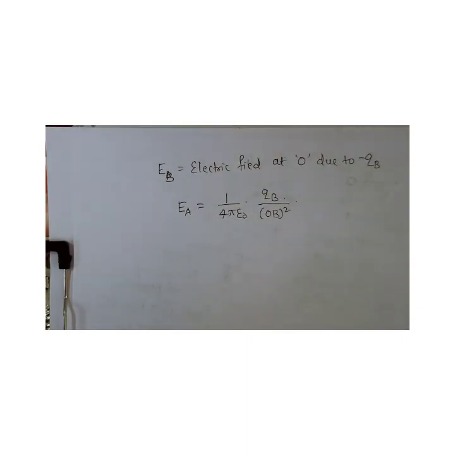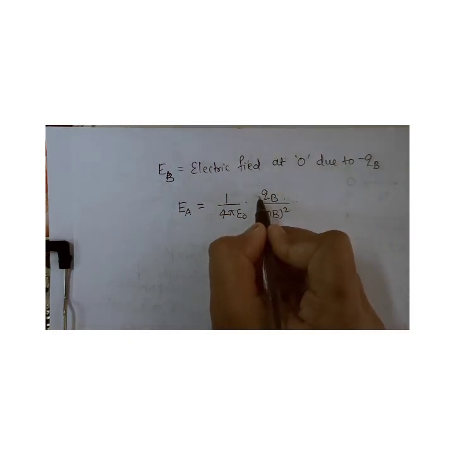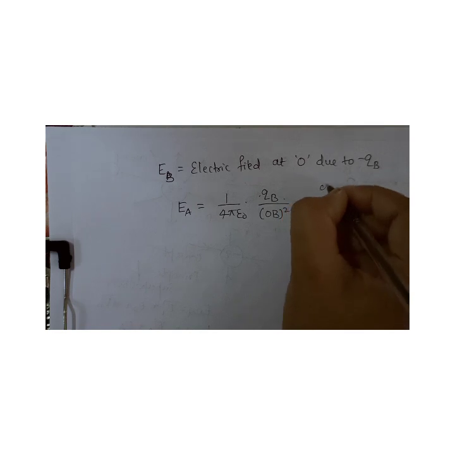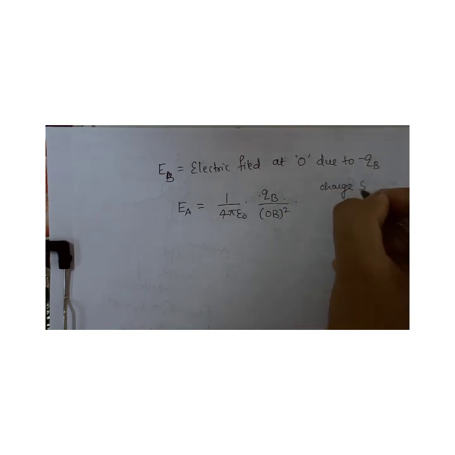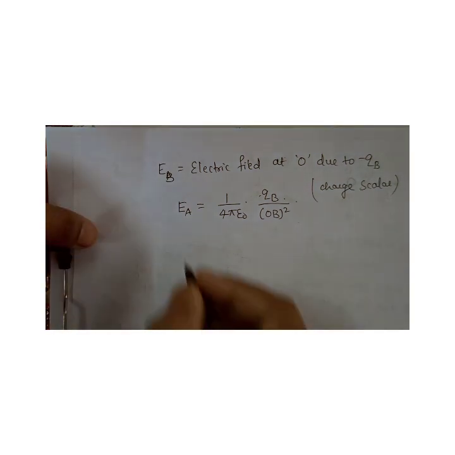Now the question arises here: you have taken minus here and you have not taken minus there. Why? Because charge is scalar. Hence I am not taking the negative sign over there.